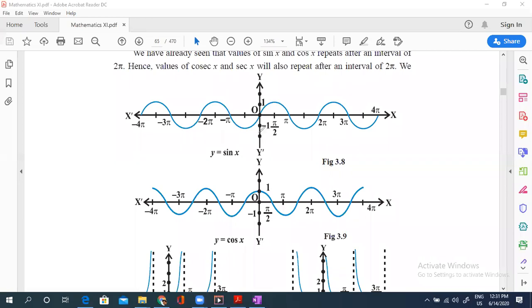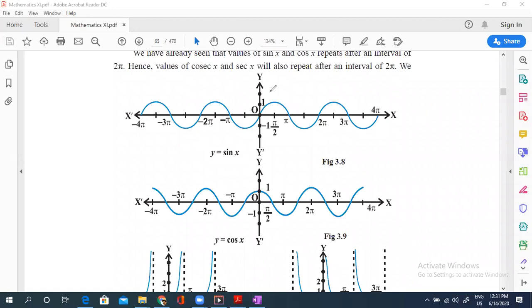So we will see now x coordinate. X coordinate is the value of angle. And our y coordinate is the value. Right? So x coordinate is your domain and y coordinate is range.